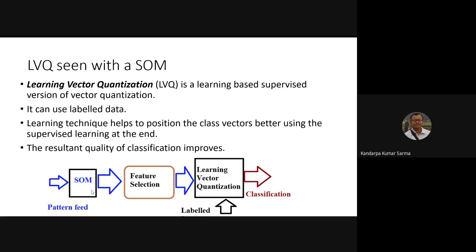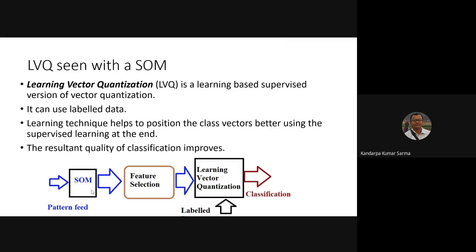Now we quite frequently find learning vector quantization being a part of the SOM. When you have a learning-based process driving a vector quantization, that part is known as learning vector quantization. Learning vector quantization is a supervised version of vector quantization. It uses label data.